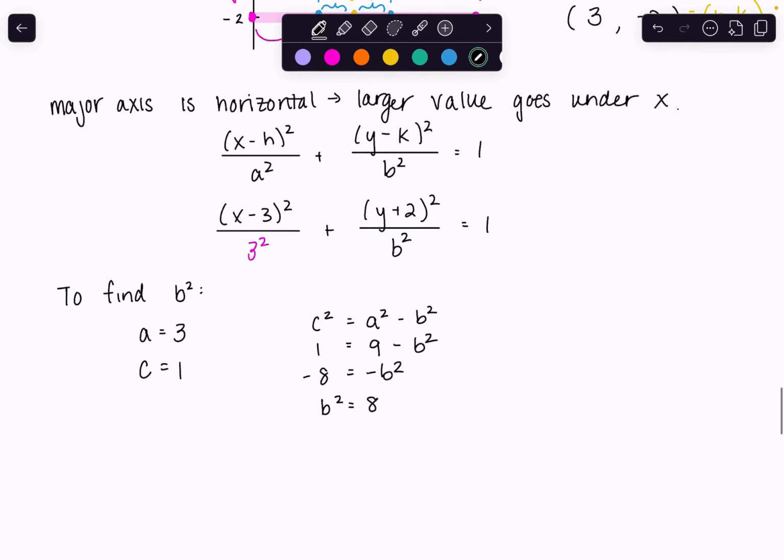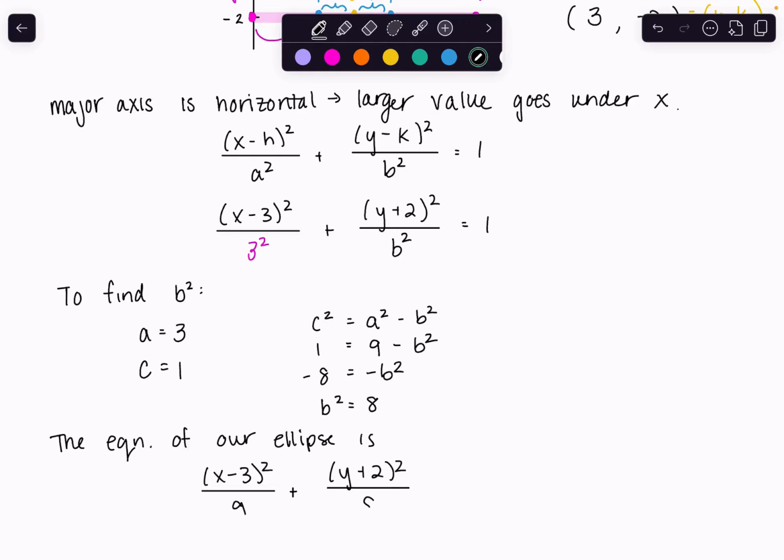So that is what goes underneath y. So the equation of our ellipse is (x minus 3) squared over 9 plus (y plus 2) squared over 8 equals 1.